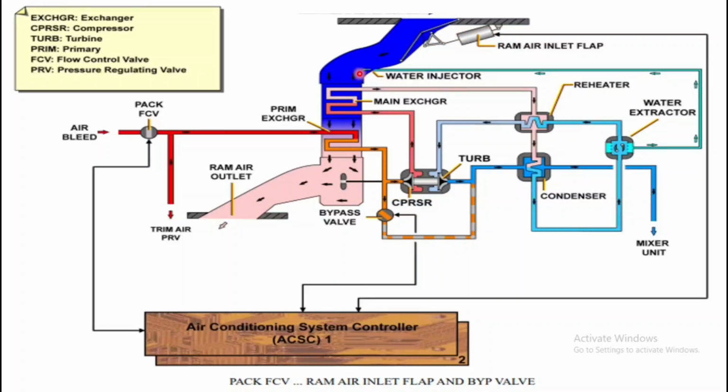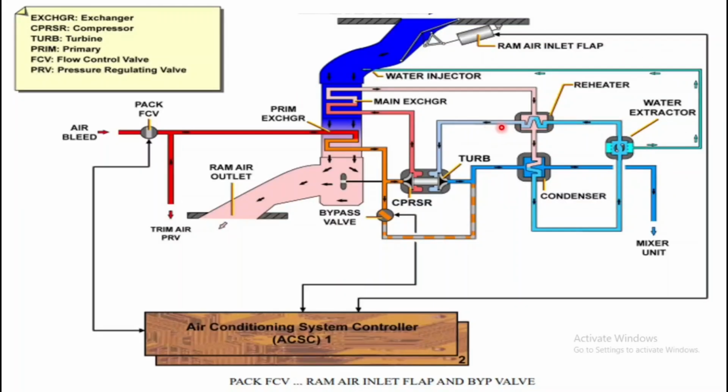You can see during walk around there is a water spray into the ram air inlet area. This water is coming from the water extractor, not from the water tank. So always keep this in mind; someone can ask during audit time what that water is and where it is coming from. This is from the water extractor of the pack.